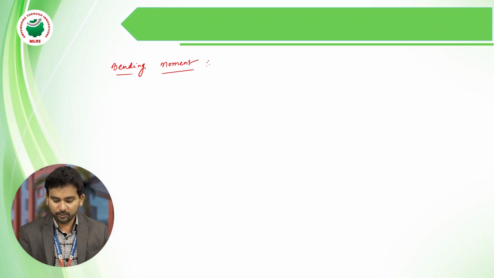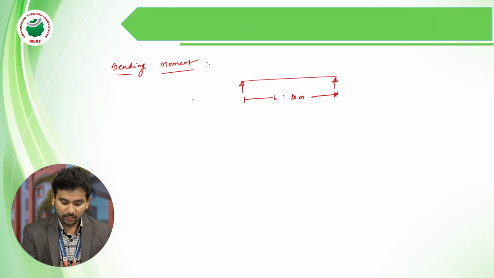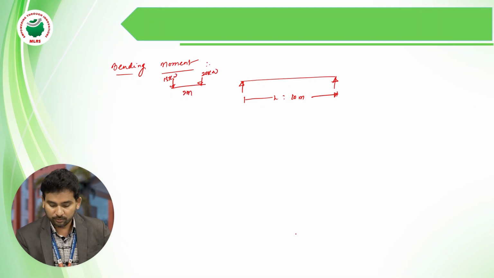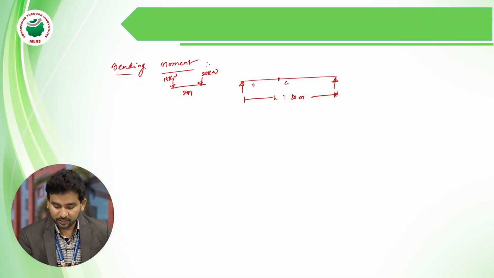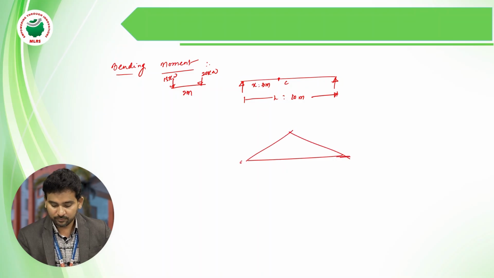ILD for bending moment, we have already seen there is a simply supported beam having a span length L equals 10 meters and the loads of 20 kilonewton and 15 kilonewton are spaced 2 meters apart. Now the bending moment at point C, x equals 3 meters: the shape is a triangle with 0 and 0 at the ends, and the central ordinate is x by L into L minus x.